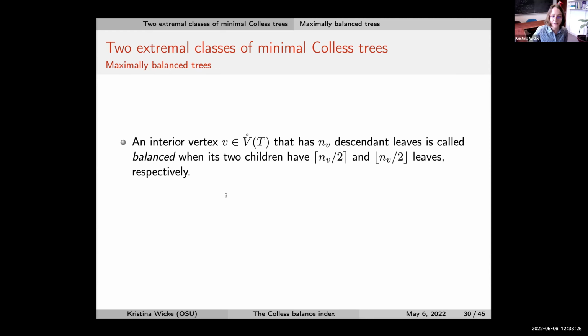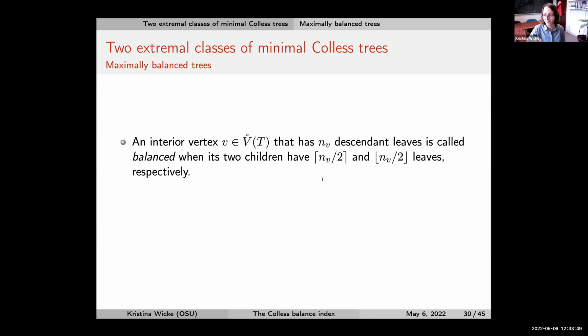In order to formally introduce the definition of the maximally balanced tree stated in the literature, we consider balance values of vertices. An interior vertex v with n_v descendant leaves is called balanced when its two children have n_v/2 rounded up and n_v/2 rounded down leaves respectively.